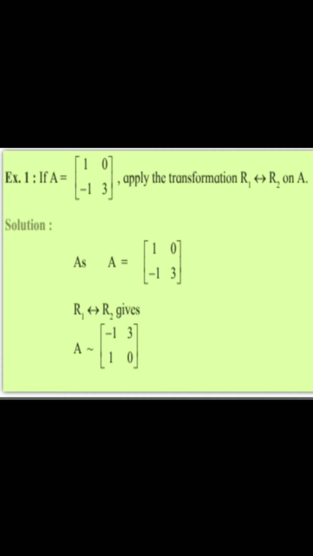R1 interchange to R2 gives matrix A equivalent to [-1 3; 1 0]. That is, in matrix A there is an interchange of rows: the first row interchanges with the second and the second row with the first, so matrix A is equal to [-1 3; 1 0].